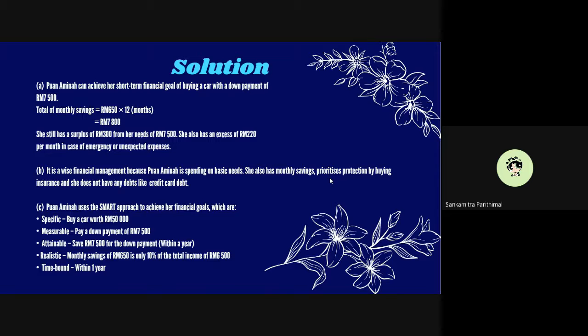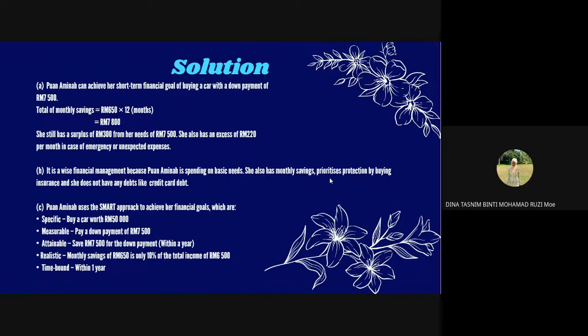We must take the 650 ringgit and then times 12 months because 1 year is equal to 12 months. And we got 7,800 ringgit as the answer. She still has a surplus of 300 ringgit over her need of 7,500 ringgit. She also has an excess of 220 ringgit per month in case of emergency or unexpected expenses.